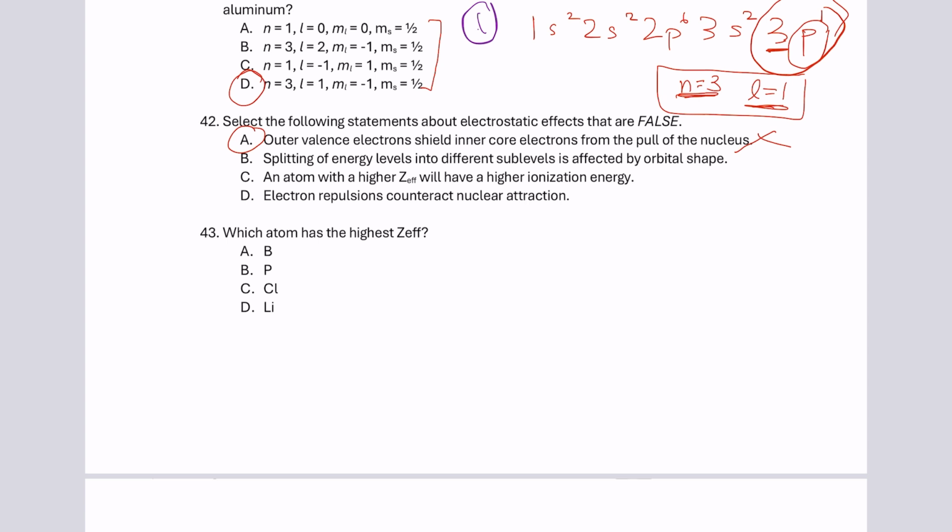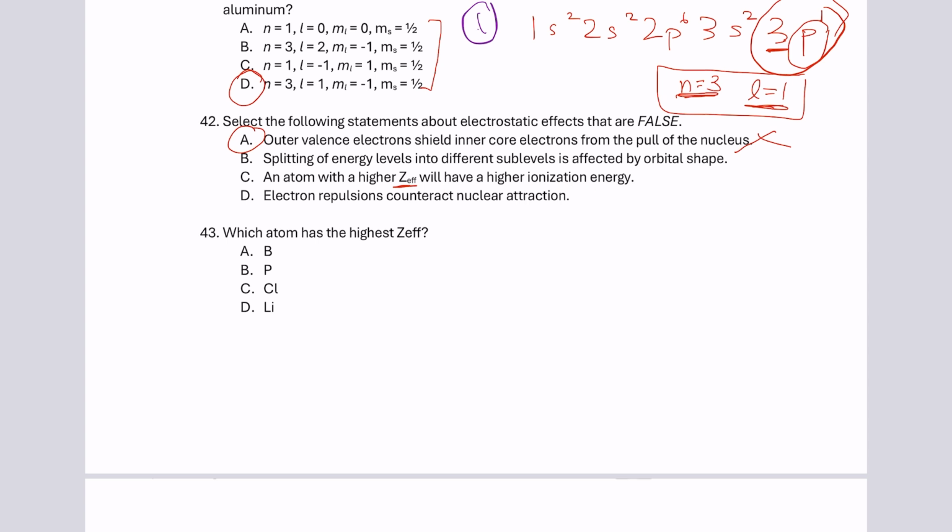B says splitting of energy levels into different sublevels is affected by orbital shape. This statement is true because different orbitals, S, P, D, F, experience different penetration and shielding effects. And electrons in orbitals with higher angular momentum are less effective at shielding themselves from the nucleus, causing energy levels to split. C says an atom with a higher effective nuclear charge will have a higher ionization energy.